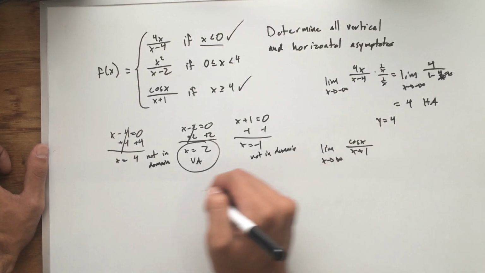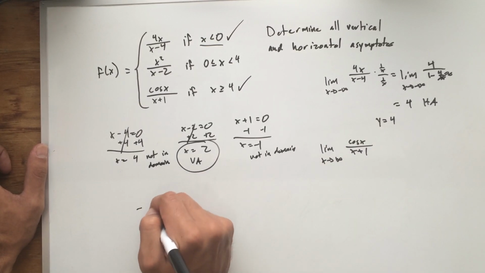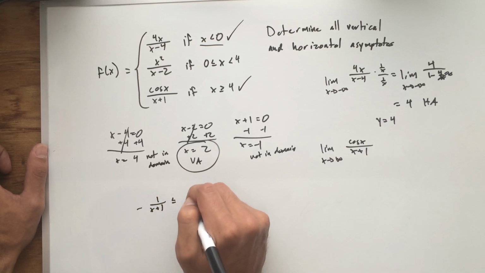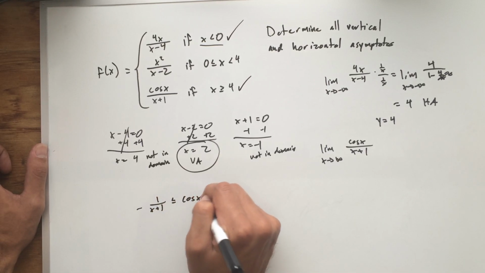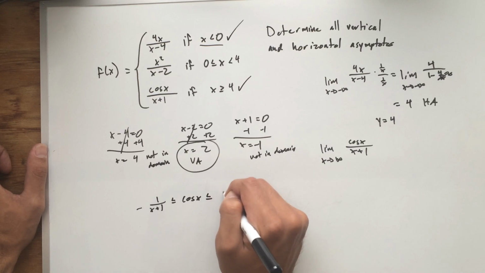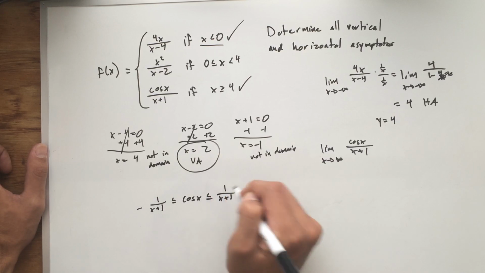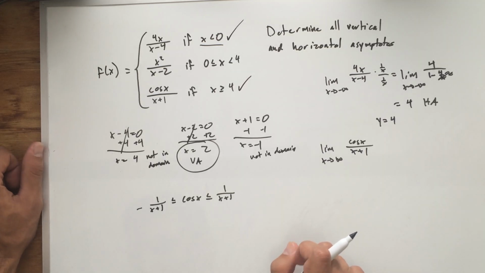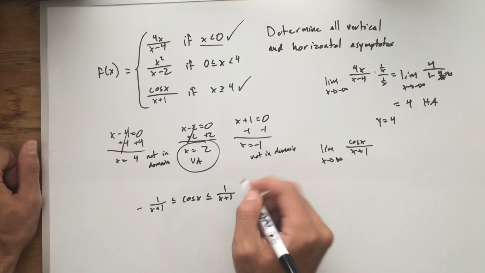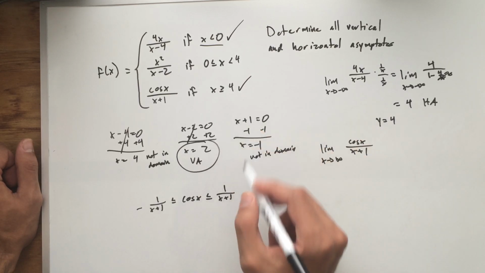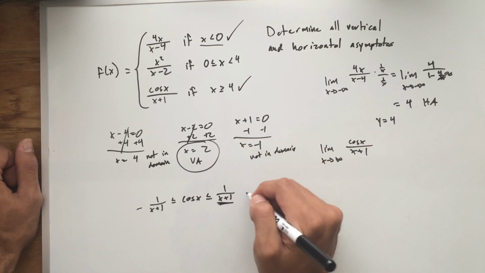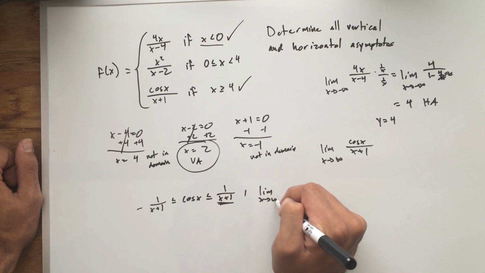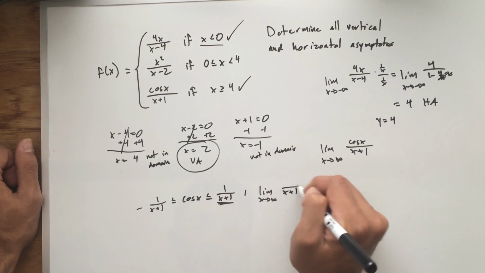So you look at it like this, so negative 1 over x plus 1 and 1 over x plus 1 bound the function. So the limit, we are only looking at the limit as x approaches infinity, so you only want to find the limit as this approaches infinity. So the limit as x approaches infinity of 1 over x plus 1.